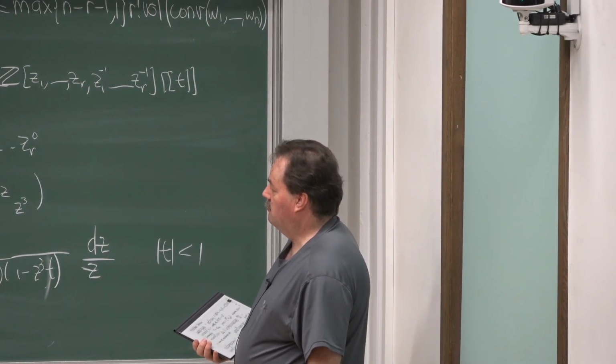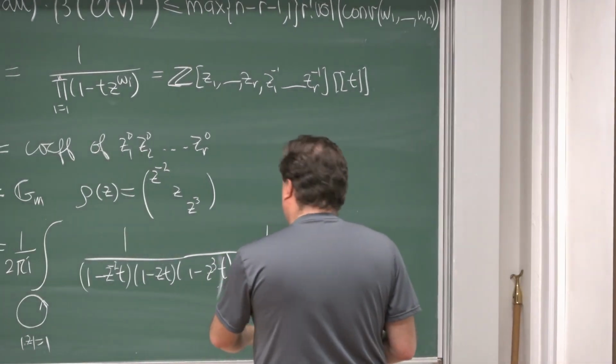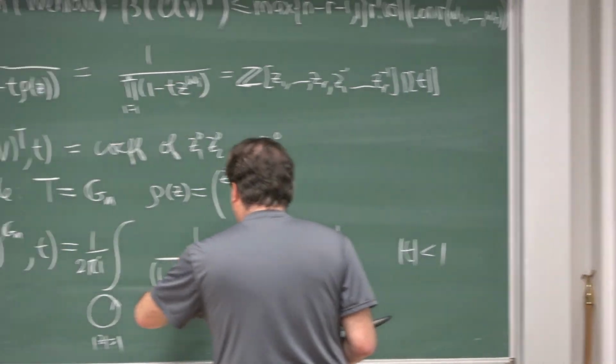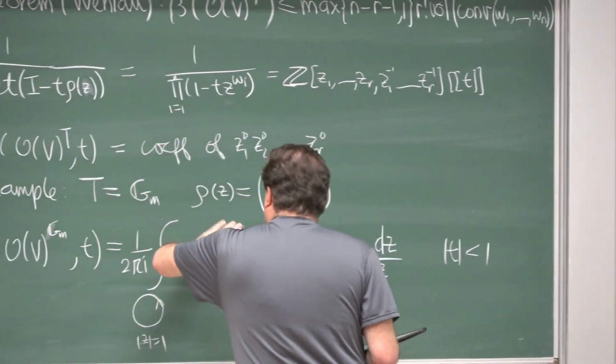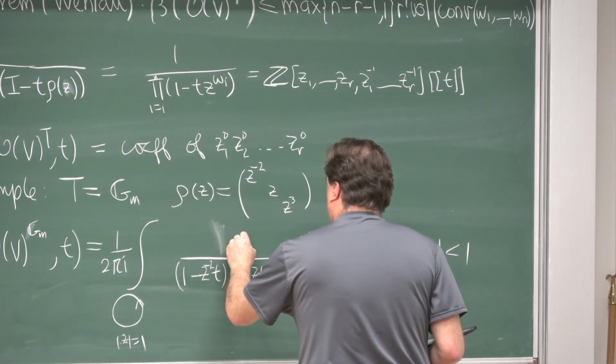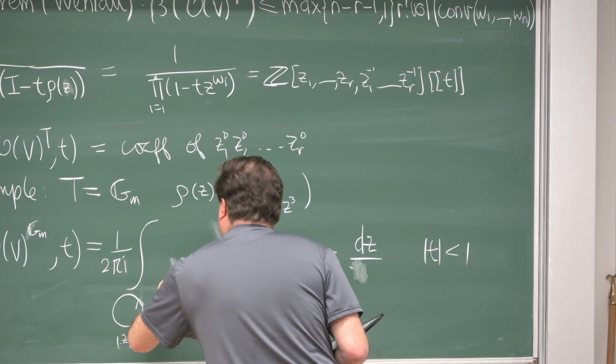Now we can simplify this, well, not simplify, but I don't like this negative power, so let's multiply with z squared. Then z squared also cancels with this, so I get z, and then I can change this to z squared minus t.